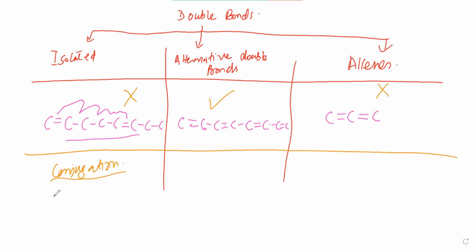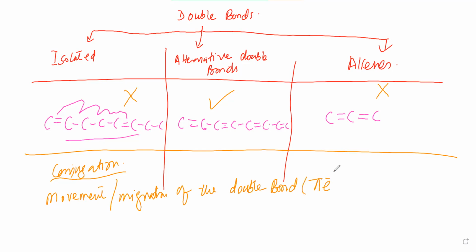Conjugation means the movement or migration of the double bond. Of the double bond simply means the pi bond, pi electrons, because a double bond is called a pi bond. Is it clear now?